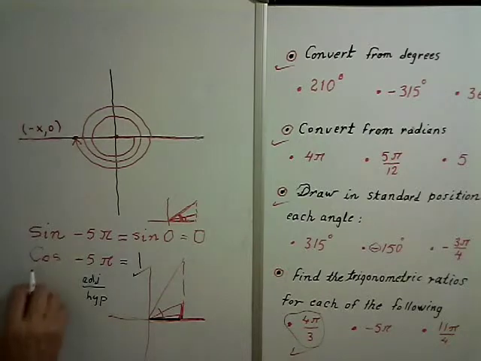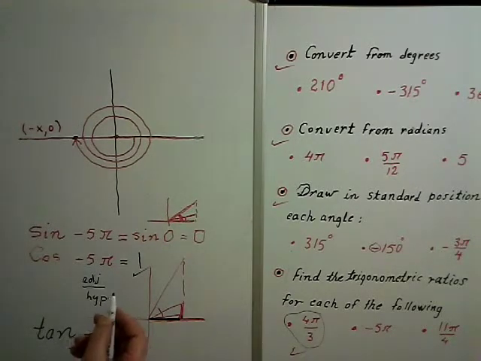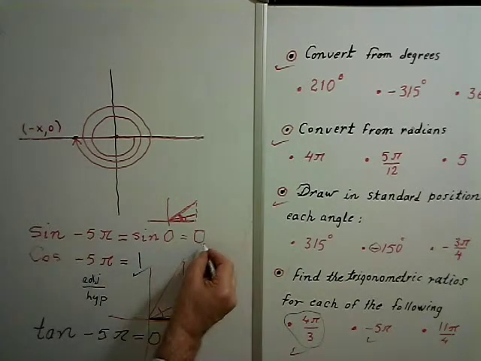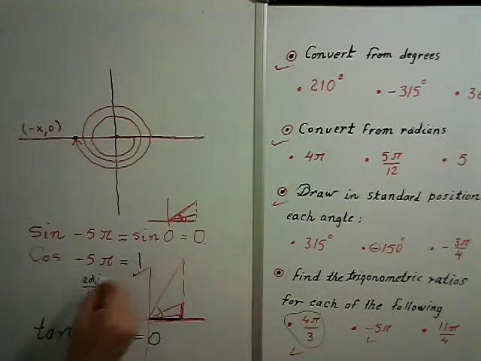Also for tan, we said tan of this angle will be opposite over adjacent, but the opposite we said is 0, so 0 over any value will be 0. So for this angle, sine is 0, cosine is 1, tan is 0.